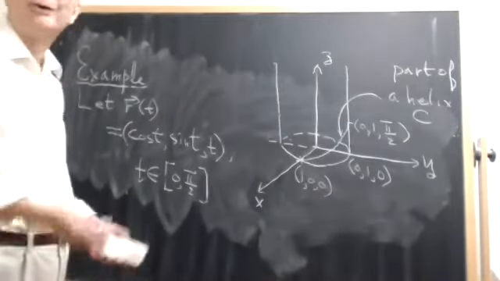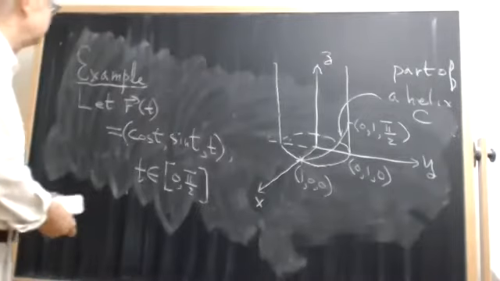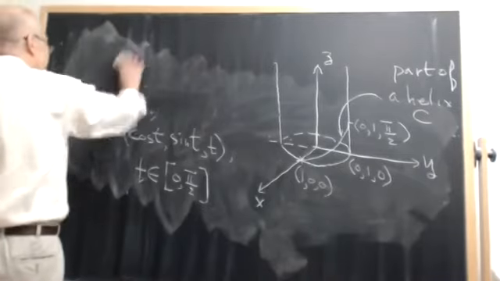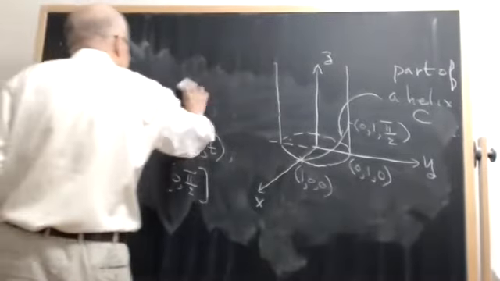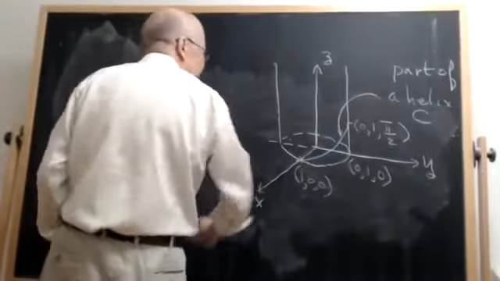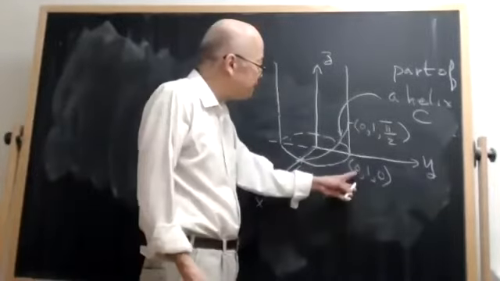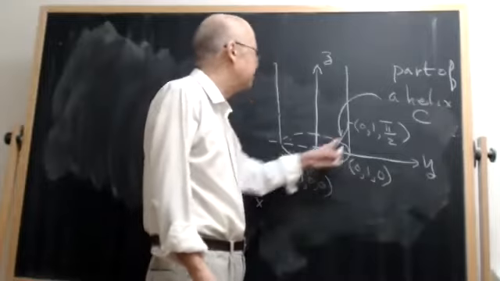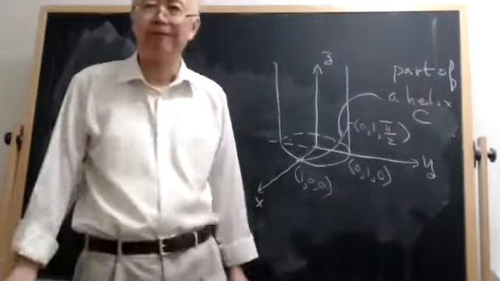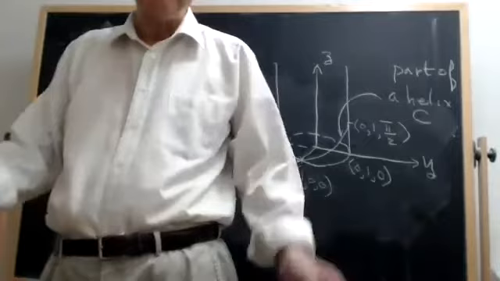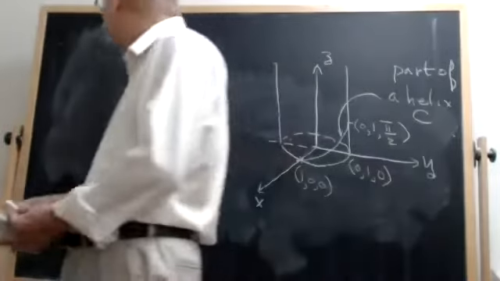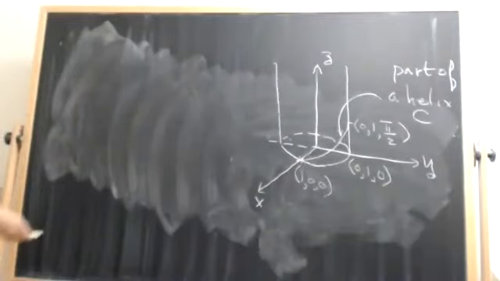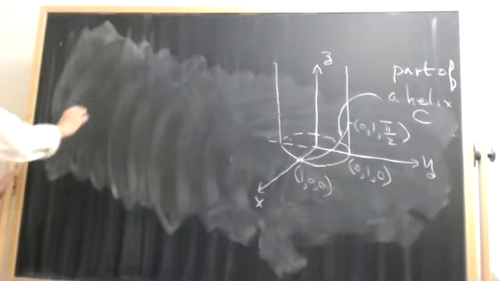So we have to look at part of it. So you see, this point 0, 1, 0 is not in the graph. It's not in the helix. Okay. Now let's try to find the arc length of C.